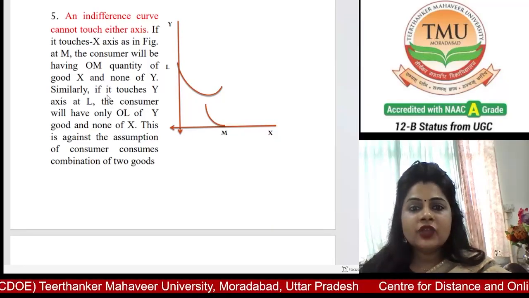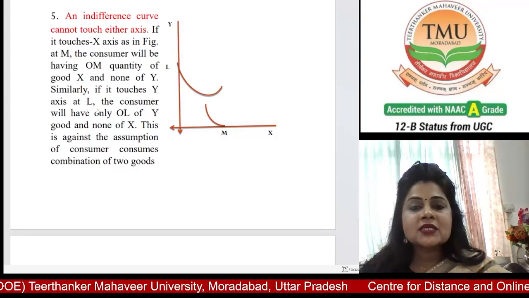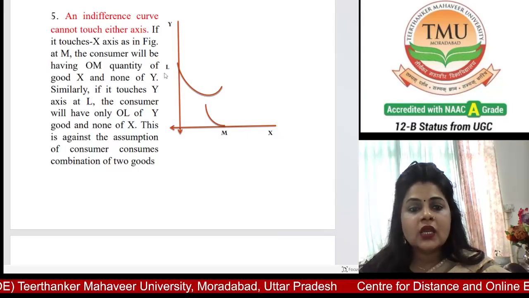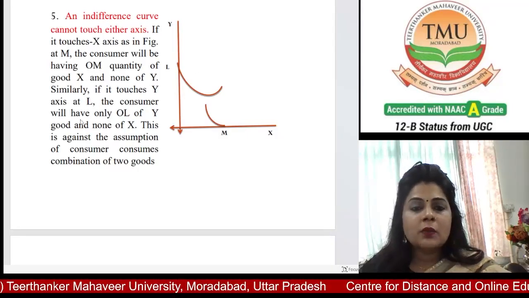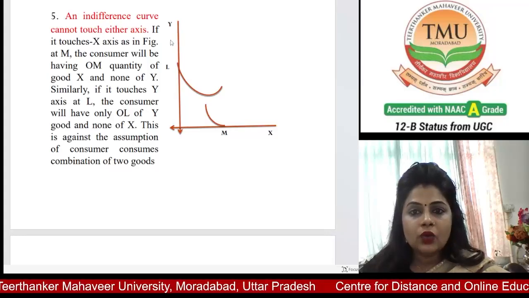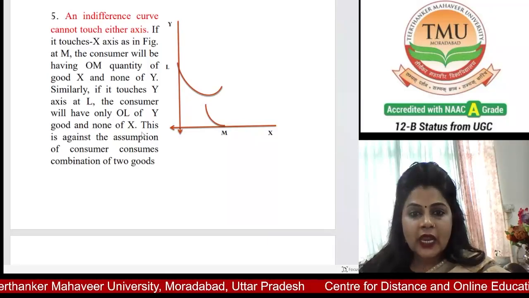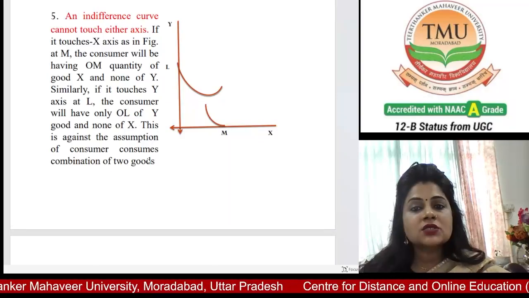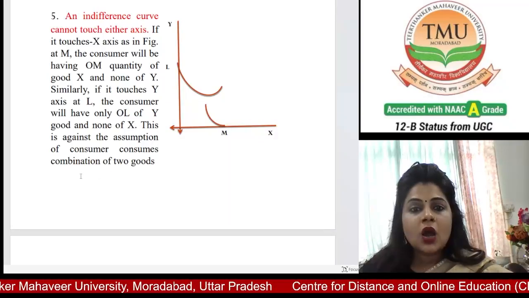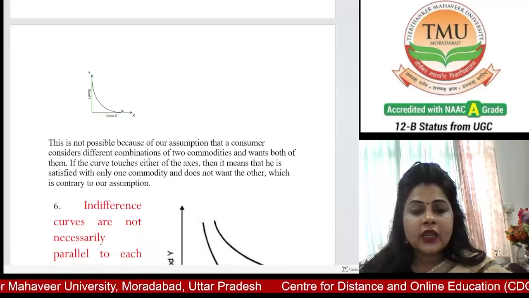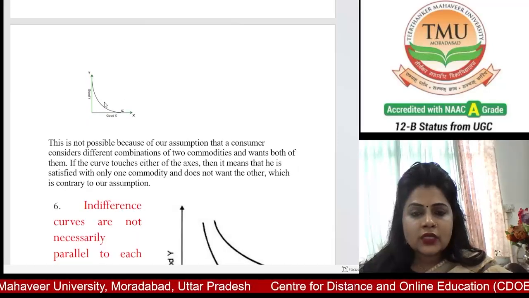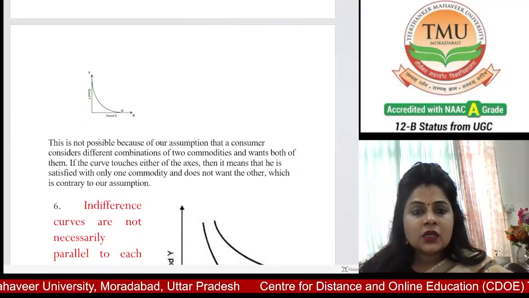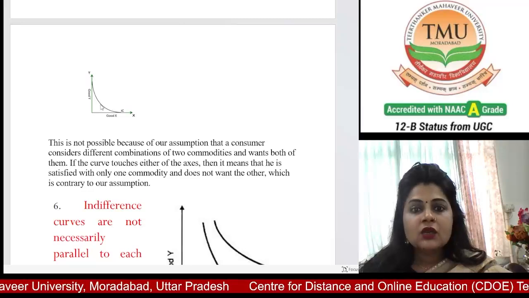Or similarly, if it touches the Y axis at L, the consumer will have only ON of Y good and none of X. This is against the assumption that a consumer consumes a combination of two goods. Right? So you can see in this figure, this is not possible.